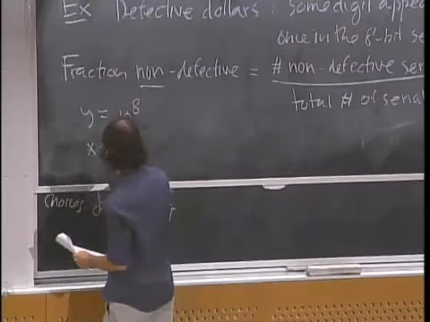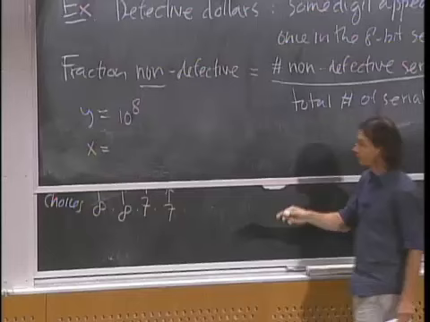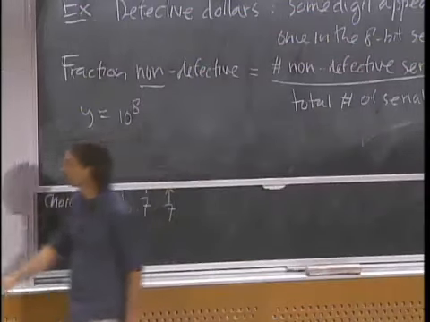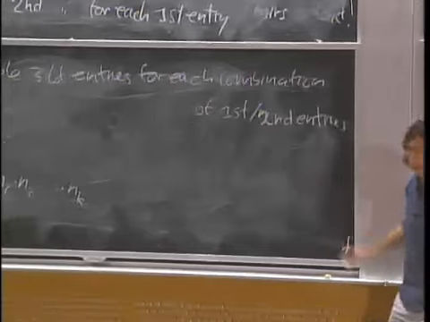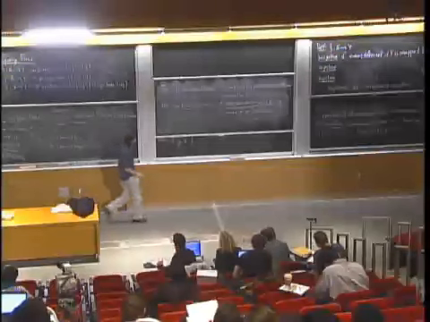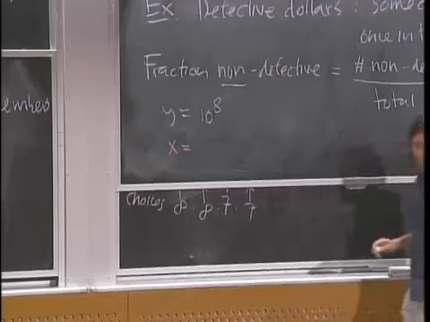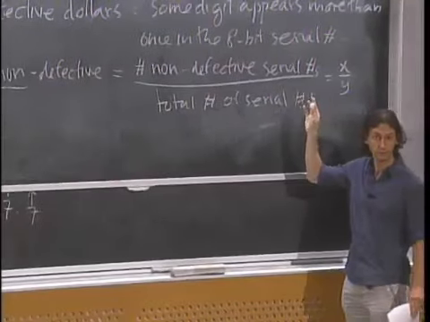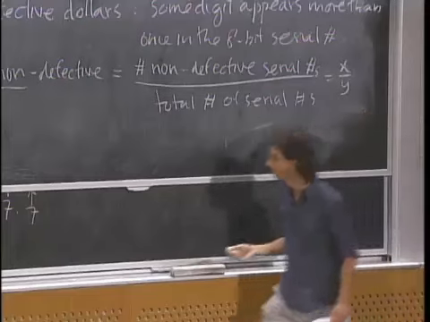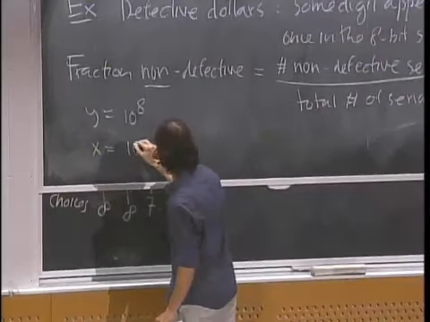What about x? Well, I'm using, again, our generalized product rule over here. If I'm going to have a non-defective dollar bill, then all the digits in the 8-digit serial number have to be different. So for the first digit, I have 10 choices.